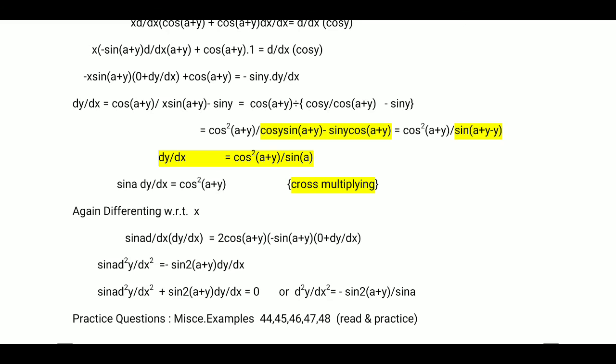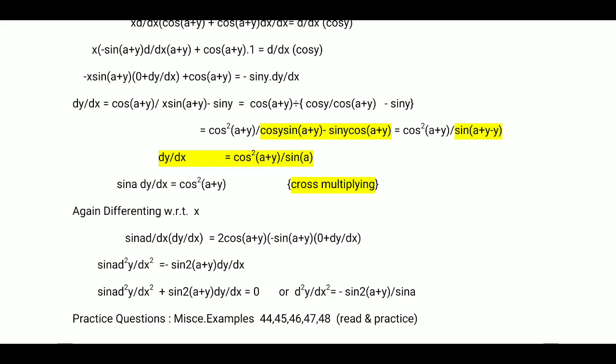So it becomes sin a d2y upon dx2 is equal to minus sin 2(a plus y) dy upon dx. This uses the formula for sin 2 theta, 2 sin theta cos theta, where in place of theta there is a plus y. So sin a d2y upon dx2 plus sin 2(a plus y) dy upon dx is equal to 0, or d2y upon dx2 is equal to minus sin 2(a plus y) upon sin a.